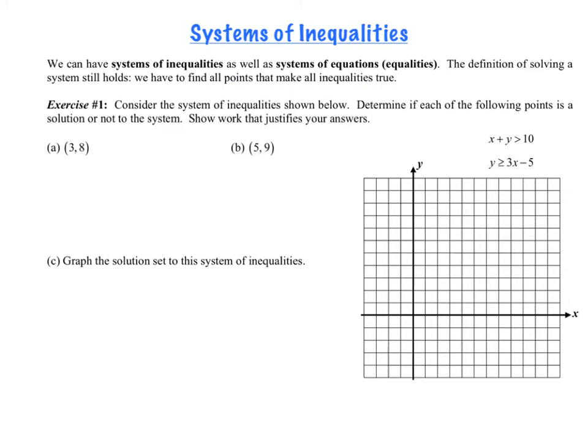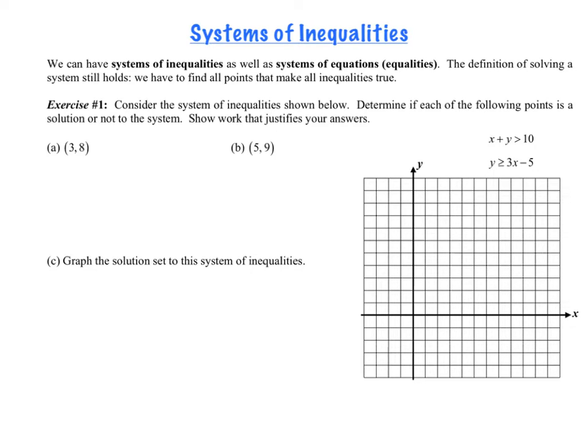So just like when we did linear systems of equations and graphed the two lines on a coordinate plane, what we'd be looking for is the point that worked in both of the lines, and that showed up on the graph as the point of intersection. Well, now if we're graphing a system of inequalities, we're going to be seeing two inequalities graphed on the same plane.